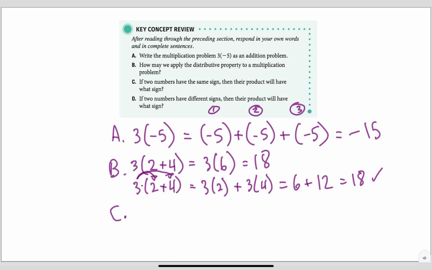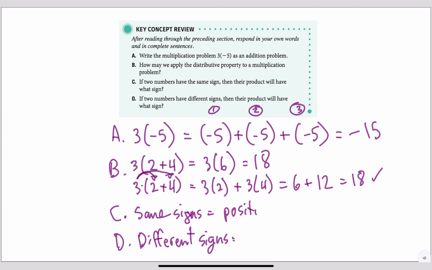So if two numbers have the same sign, their product, the result of multiplication of two numbers with the same sign, is a... And then D. If two numbers have different signs... So if they have the same sign, the result of multiplication is positive. If they have different signs, the result of multiplication is negative.